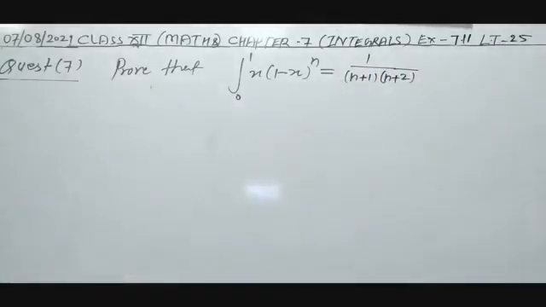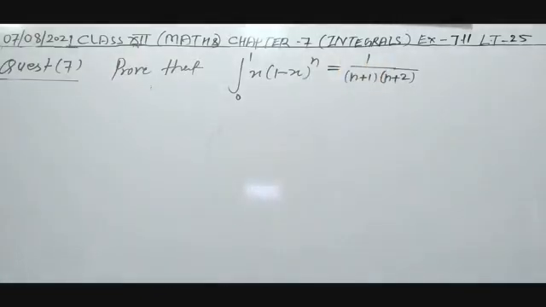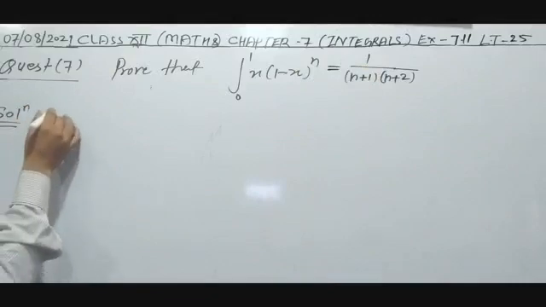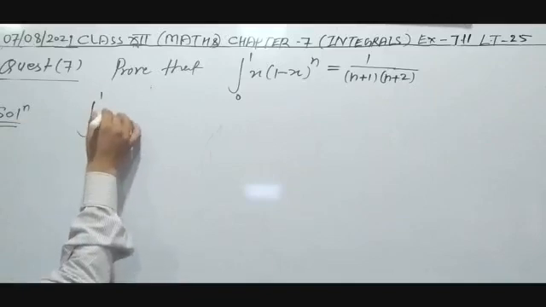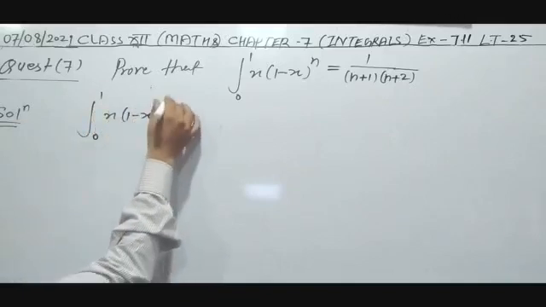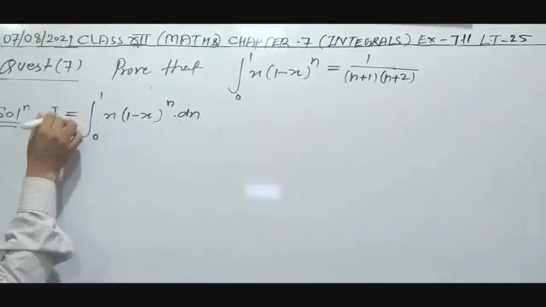This is the statement we have to prove. Its integral result is 1 upon (n plus 1)(n plus 2). Now come to the solution. Given the integration from 0 to 1 of x times (1 minus x) to the power n dx, suppose we have considered it as I.